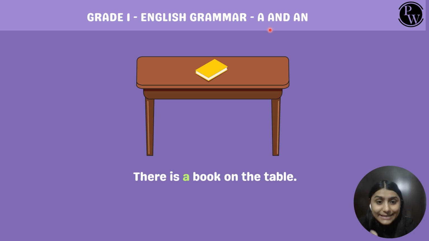In this sentence, we have used a before book because book begins with a consonant sound. Book, b. It's not A, E, I, O, U. So we'll use a before book. Clear? So remember, whenever you hear a consonant sound at the start, use a before that word.